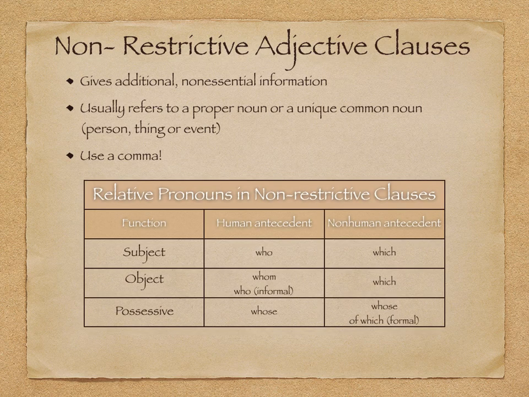Our chart of relative pronouns looks very much the same, so you'll see that for humans, who, whom, and whose, those are all the same. The only difference comes with subject and object non-human relative pronouns. Instead of using that, we use which. So let's take a look at an example.